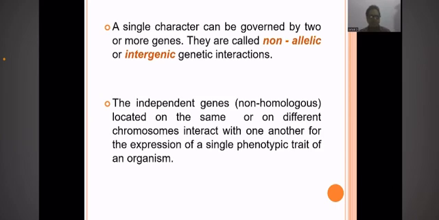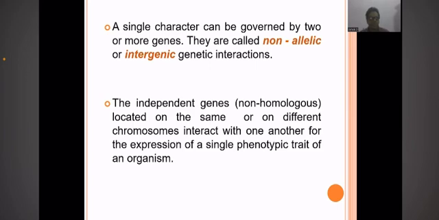Earlier, we understood that one gene could give rise to one trait. But now we need to understand that more than one gene at a time could form a given trait. We call them non-allelic or intergenic gene interactions.